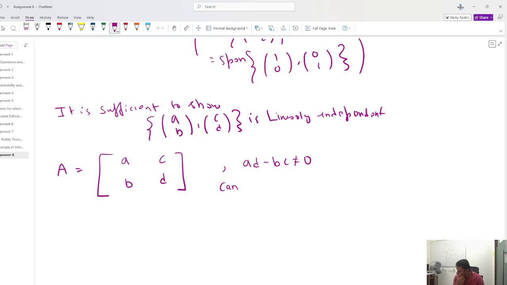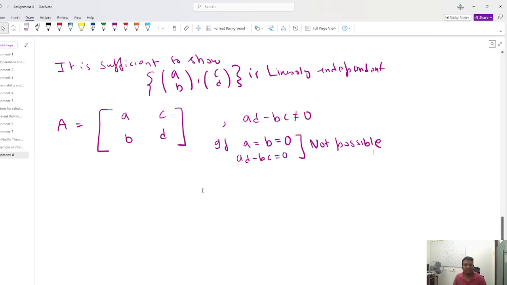Yeah, I can actually do it like this. So imagine if A equals B equals 0. What will you get, guys? AD minus BC is equal to 0. So not possible, right? Number one observation: simultaneously, both of them cannot be 0.